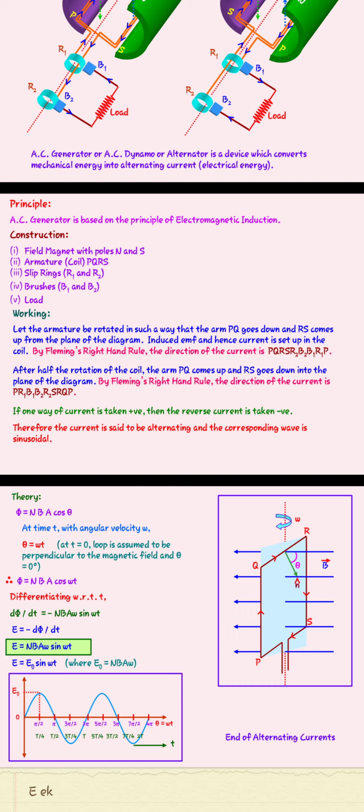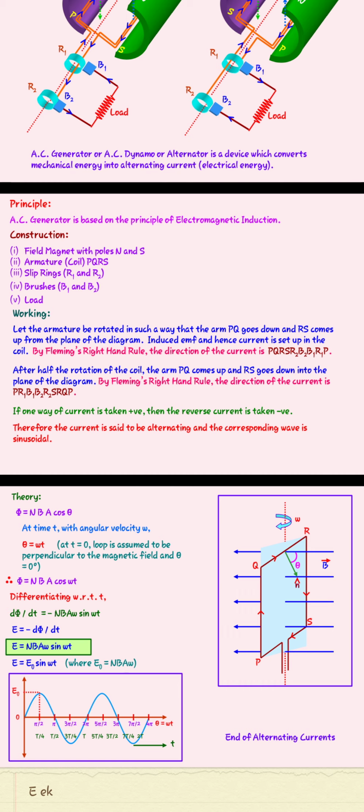If sine omega t is equal to 1, E will be equal to E naught, that is the maximum value of the induced EMF, and it is given by NBA omega. Therefore, substituting this maximum value in the equation, we get E is equal to E naught sine omega t. So this is the final expression of the induced EMF.